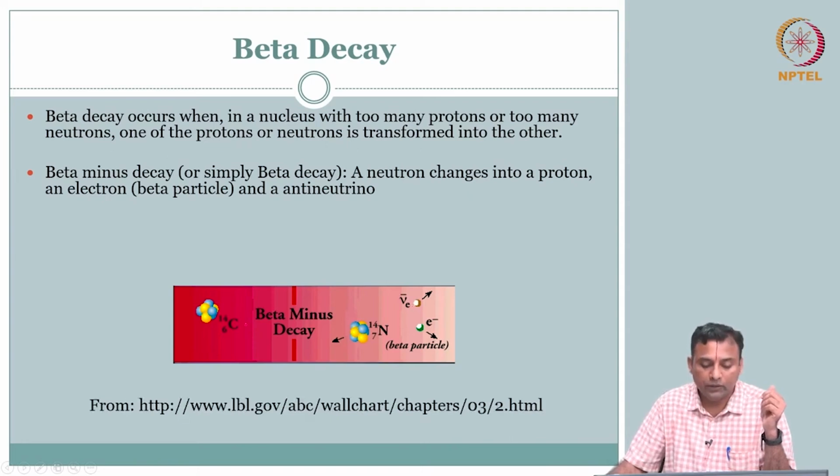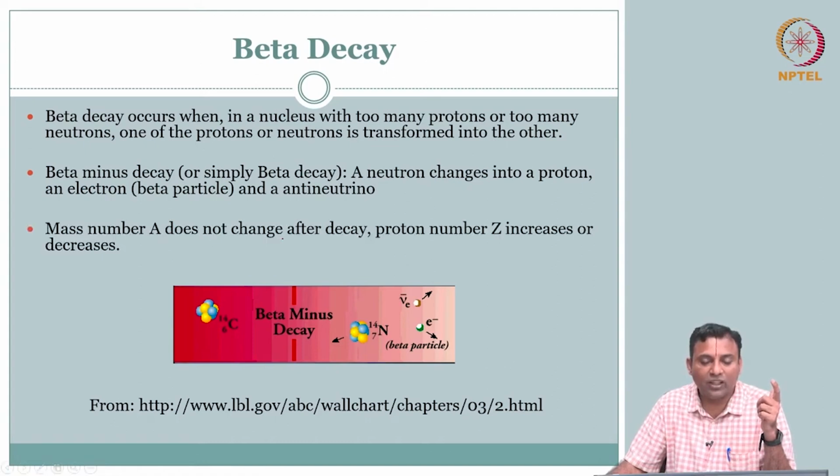What is to be noticed is that the mass number is the same, whereas the atomic number has changed. In other words, your mass number is the same, your proton number has changed.